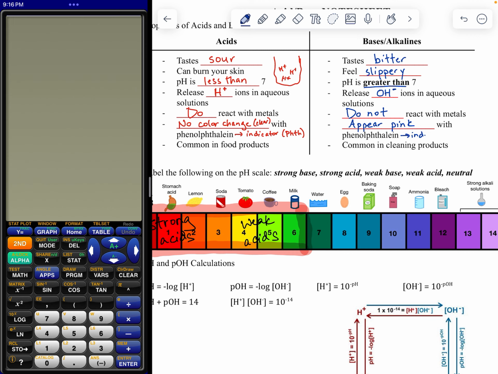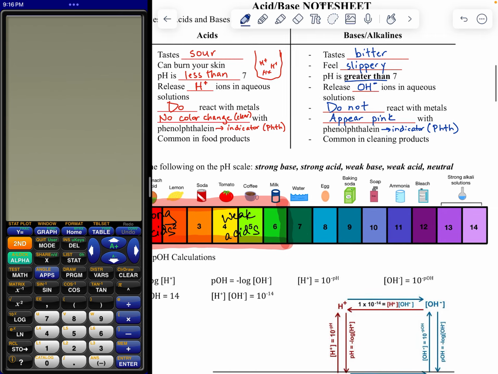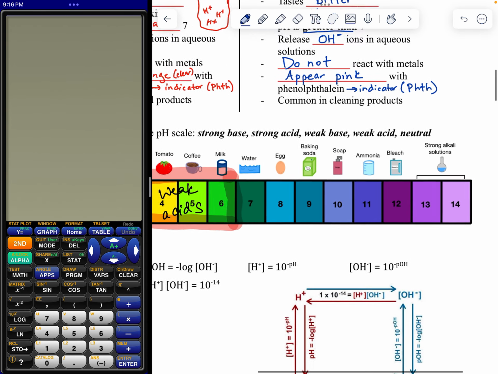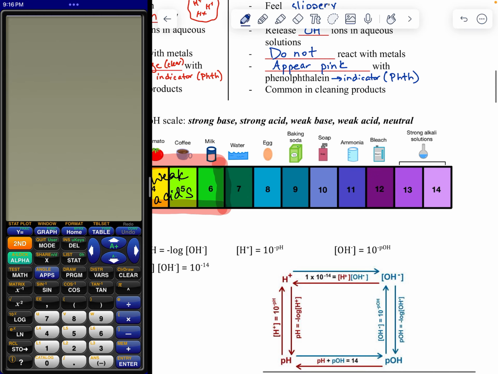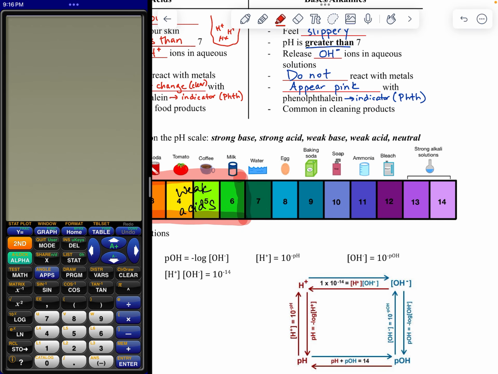Again, this is an indicator that you're going to use in lab, and we abbreviate it PHTH. And common in cleaning products. So a lot of our cleaning products are basic, like soap, ammonia, bleach, a lot of those different types of things.